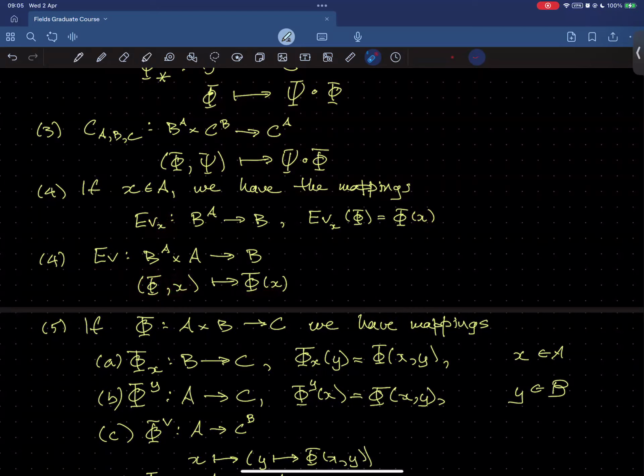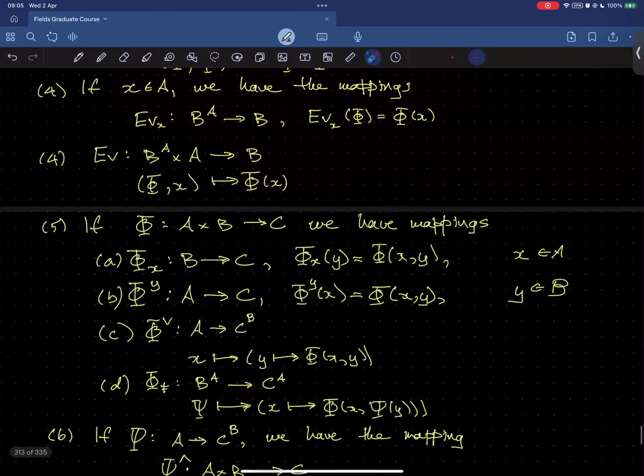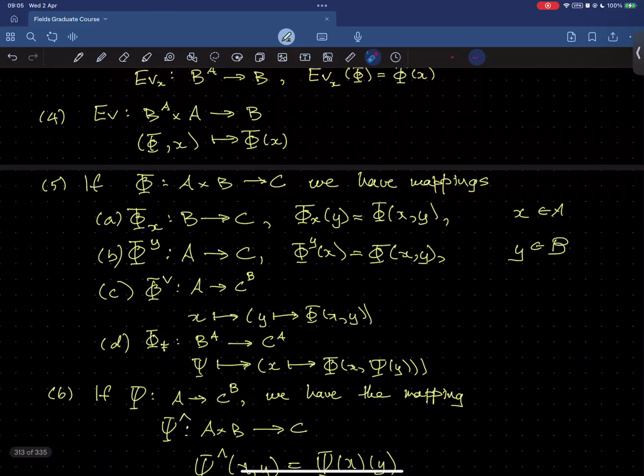All right, so this is a blizzard of mappings to start things out with. Okay, so there's also a bunch of constructions that go along with mappings on products. So I have a mapping phi on the product A cross B, taking values in C. All right, so then you have two simple mappings here.